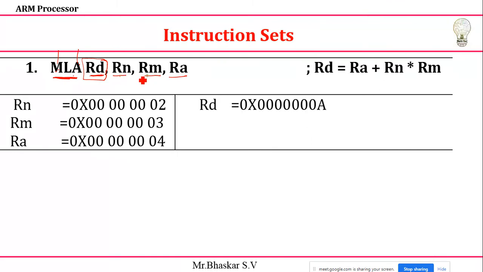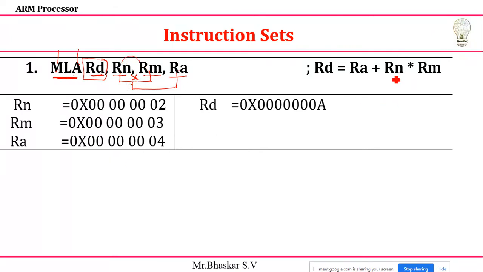The next two registers will be multiplied, and this result will be added to my Ra register. Usually the Ra value is added with the product of the middle two registers, Rn and Rm.